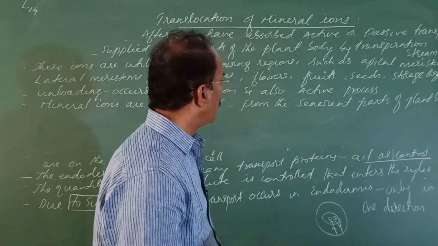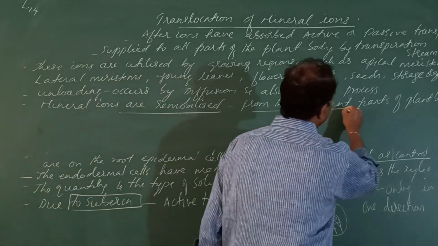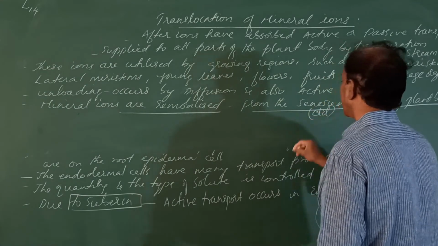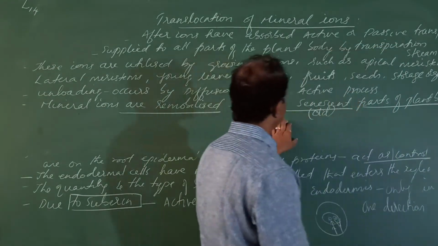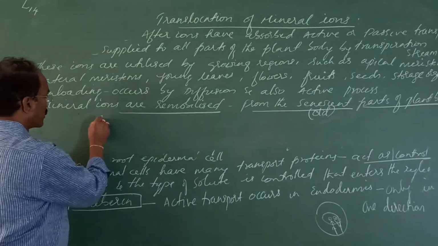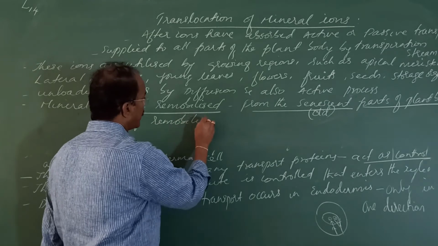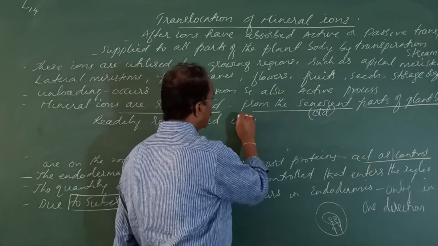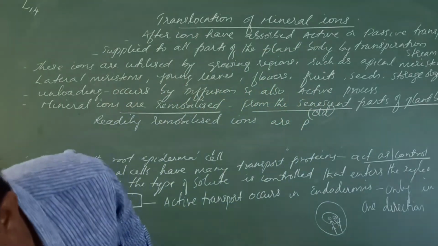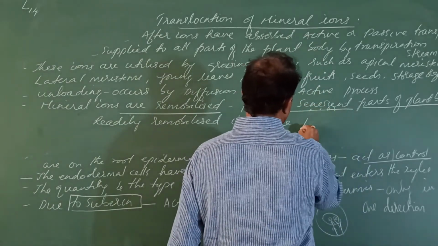Mainly the remobilization of these ions is very important from the senescent parts. Senescent means what? Old, older parts of the plant body. So the ions that are readily remobilized are, I will write P for phosphorus, you can copy it, okay, phosphorus.